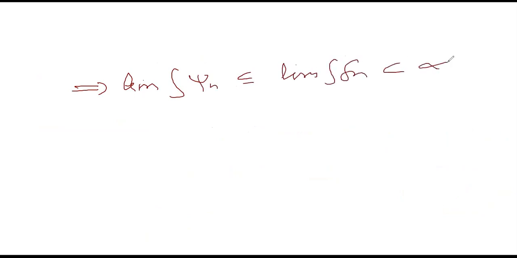That we have verified. Consequently, this gives that the limit of the integral of psi n is less or equal to the limit of the integral of fn, which is finite. It's given.